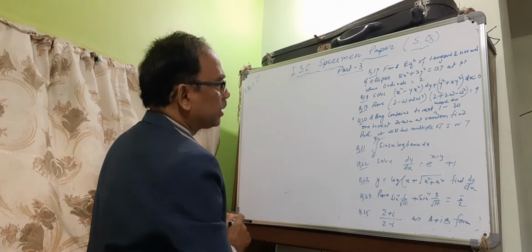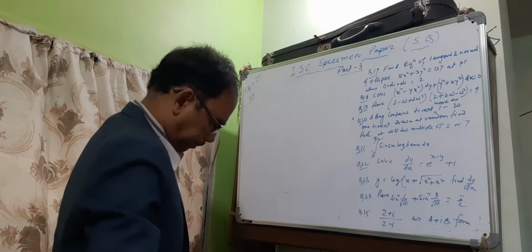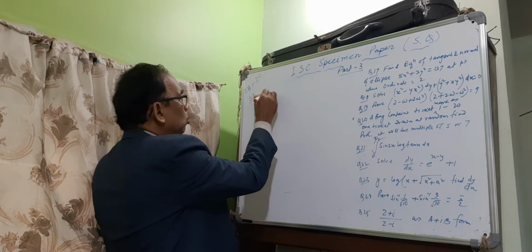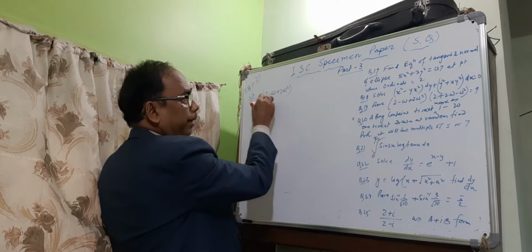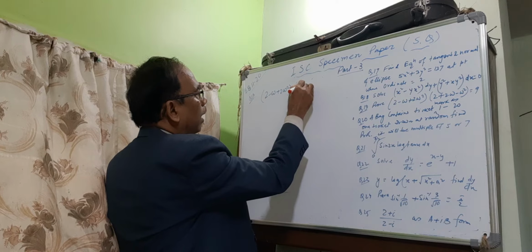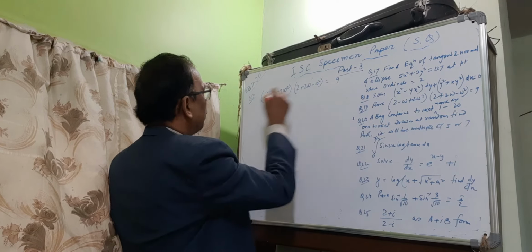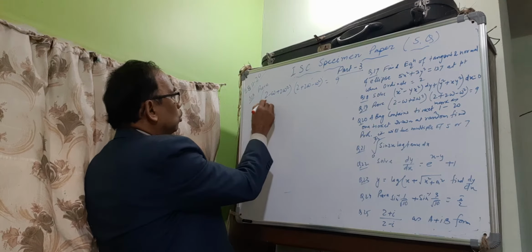Question number 19. Here, prove that (2 minus omega plus 2 omega square)(2 plus 2 omega minus omega square) equals 9.